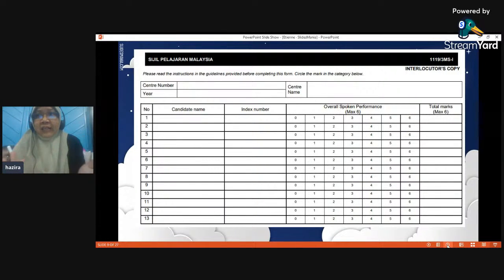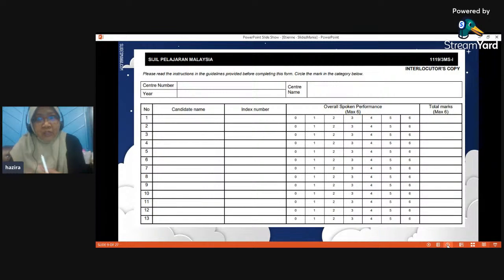Speaking test ni sama pentingnya macam kertas-kertas English yang lain. So again, speaking means you have to speak. You don't just sit there and remain silent. No, that is not the way.